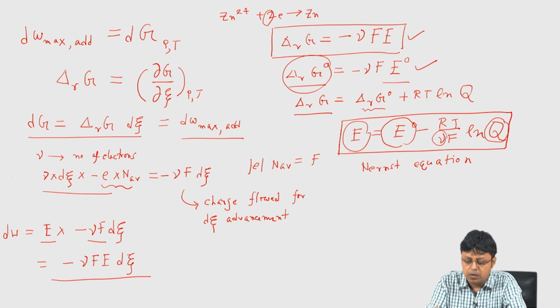Now, what we see here is that we have something defined as E0. You can easily figure out what E0 is at equilibrium.